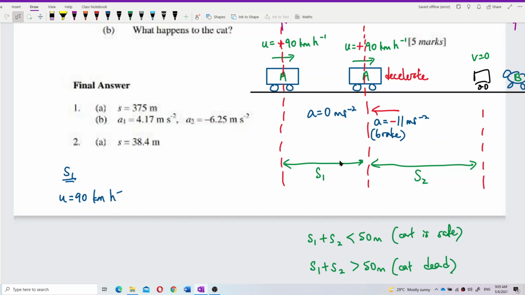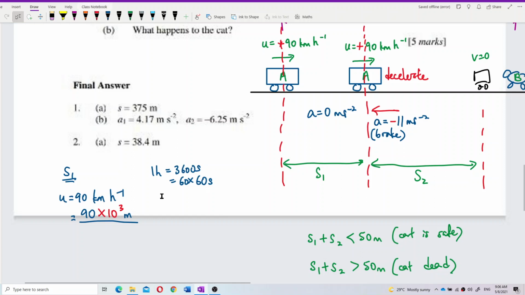So what is it in meter per second? It's very easy. 90, and then kilo is exponent 3 meter. And then 1 hour is actually 3,600 seconds because it is 60 minutes times 60 seconds.